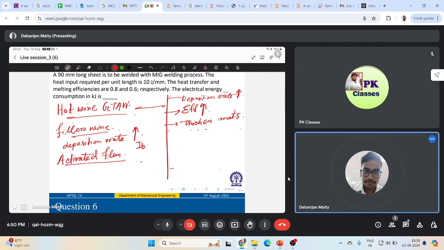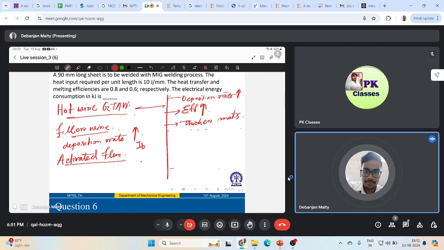Over here, a flux material is applied to the surface of the base metal before welding, right? This flux can be in the form of paste, powder, or coating. During welding, that flux will react with your weld pool and the base metal. It will enhance your welding process, and basically the flux will help in deoxidizing the metal.